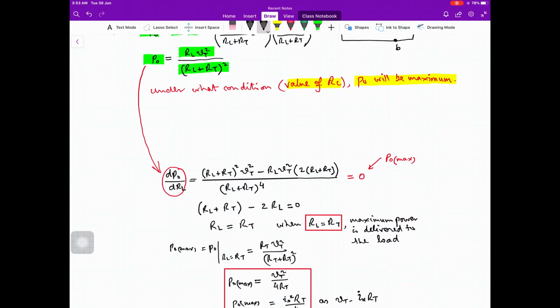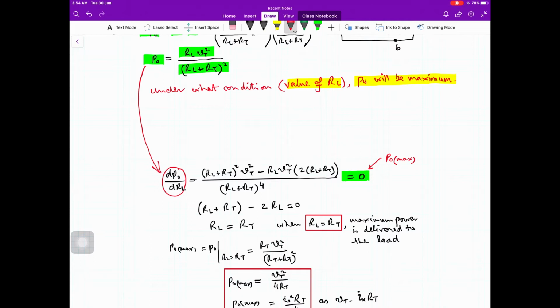If we differentiate PO and equate it to 0, it means we are looking at the zero rate of change, when there is no rate of change in the power. dPO divided by dRL equal to 0 means when the rate of change is 0.